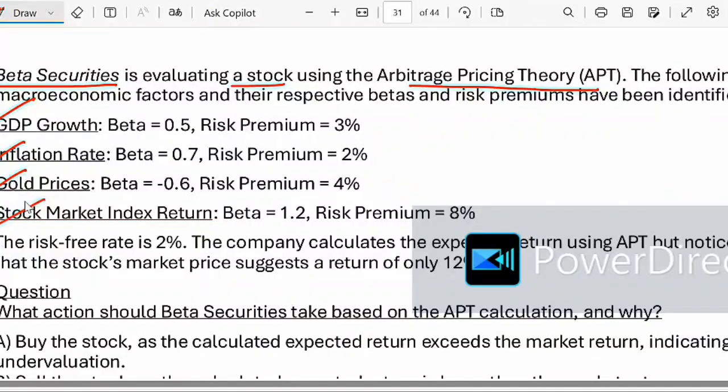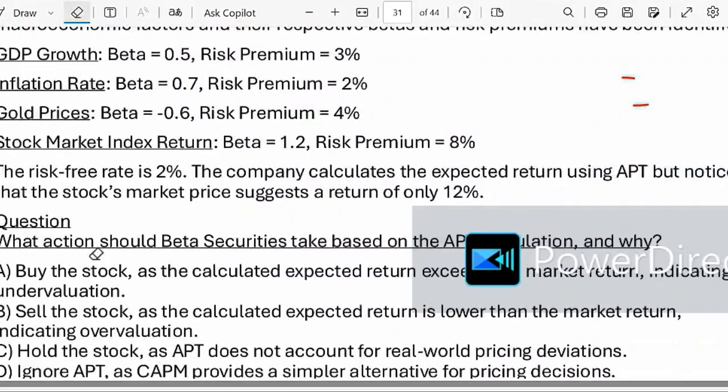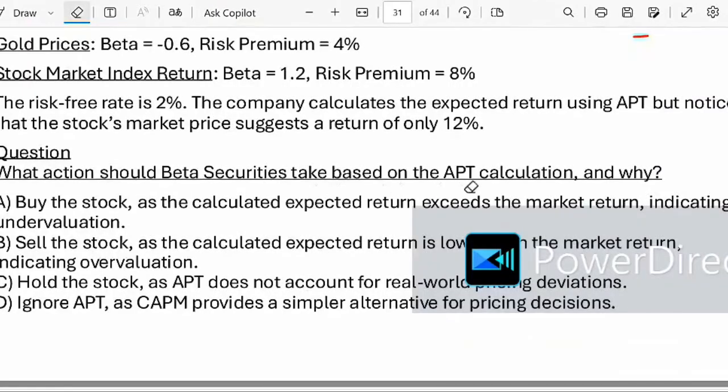The goal is simple: to calculate the expected return, right? So the question is, the data have been given. What action should Beta Security take based on the APT calculation? Buy the stock, sell the stock, hold the stock, or ignore APT.